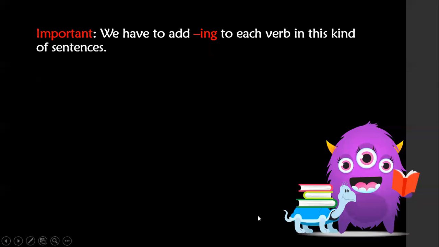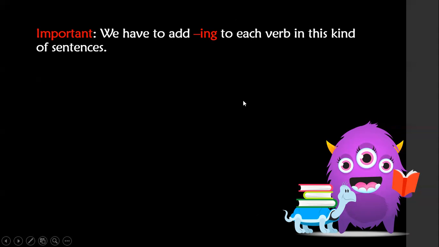So let's see this. Why is it different? Oh, look, important. We have to add the ing to each verb in this kind of sentence. Remember that we are talking about past continuous.